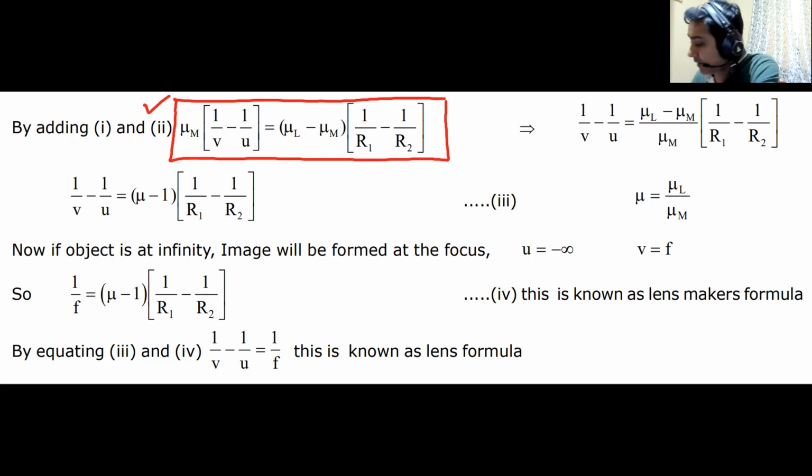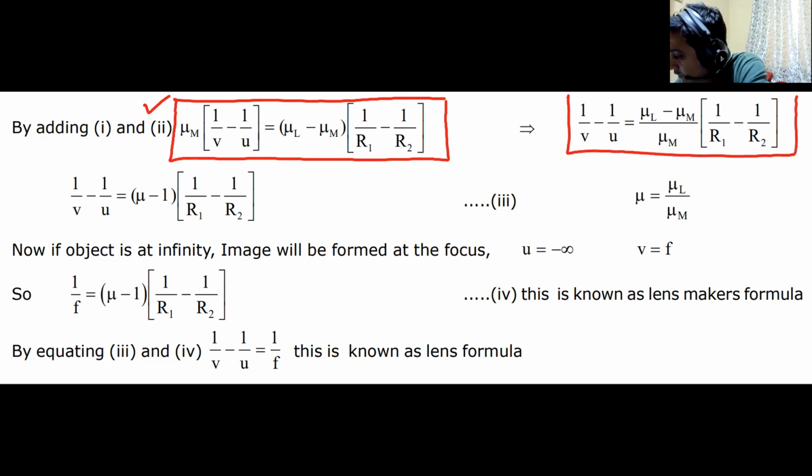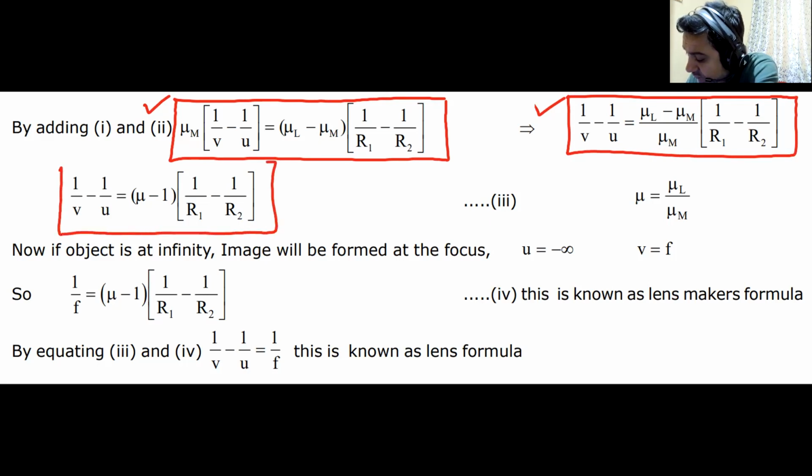Now, if I divide it by mu m on both sides, this is the formula that I get. So you have to remember all the versions of this formula. It is good for you. So you have to remember this next version of this formula. And the version that you might have seen in the books is the version here, 1 by v minus 1 by u is mu minus 1 by l. Where what is this mu?